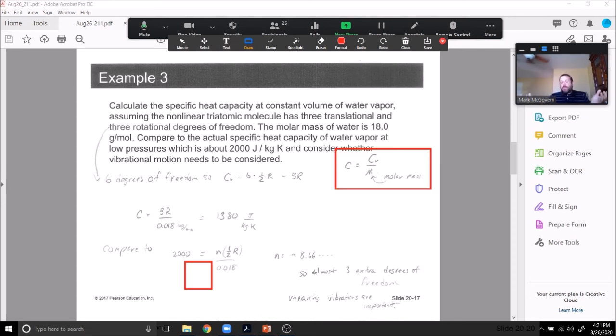Well, where do those come from? You already got your translational taken care of. You already got your rotational taken care of. Well, it's got to be some vibrational things. And so apparently, the vibrational aspects of water are very important, actually. And that's one of the reasons why water is stubborn.